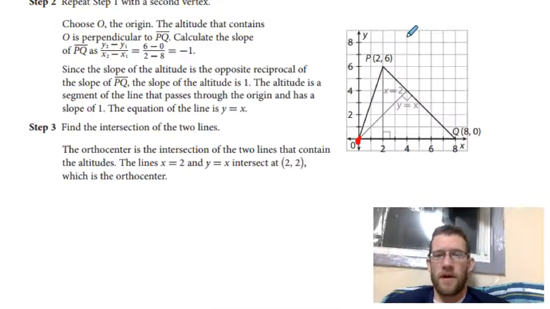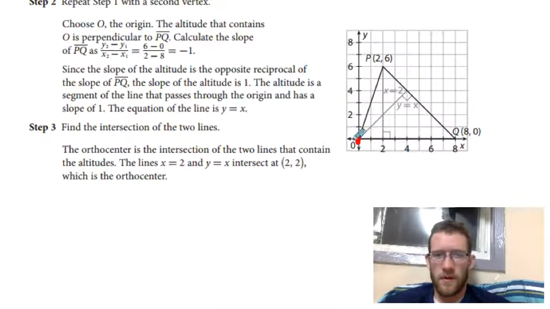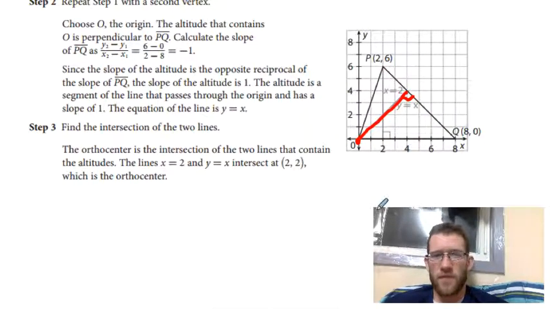So the altitude that goes through O is going to be perpendicular to PQ. What is the slope of PQ? Well, we can calculate it. We go from (2,6) to (8,0).